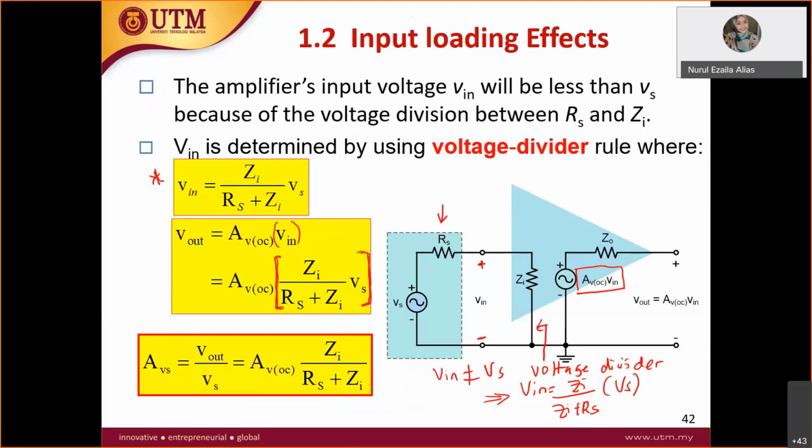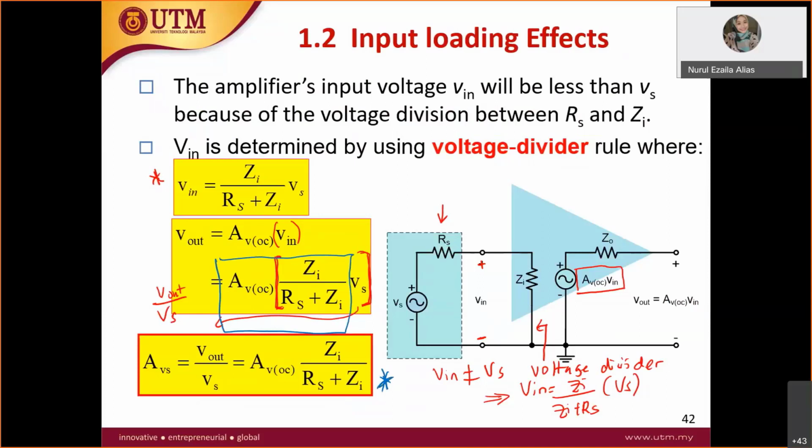Therefore, from here, you will get another parameter. If I take this Vs down, V out over Vs will actually equal this portion only: AVOC times Z in over Rs plus Z in. That is how they came out with this equation.